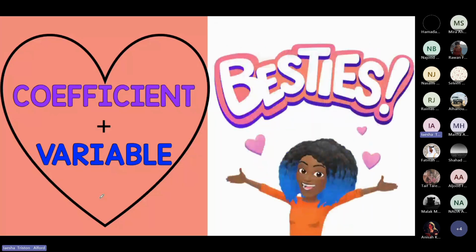The besties are who? Coefficient and variable. Coefficient and variable are the best of friends. If you want the coefficient, you must find the variable. They are always together because they are BFF, besties. So make sure you look for the variable if you want to know what is the coefficient.